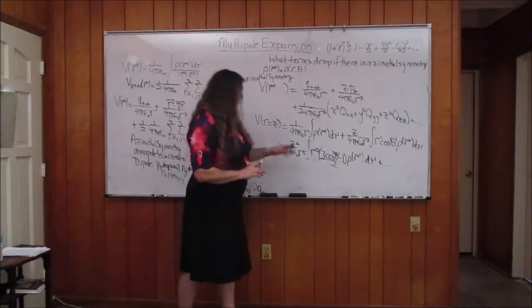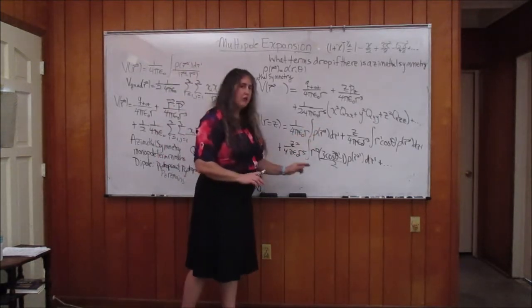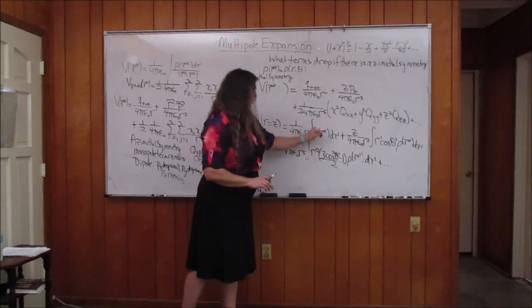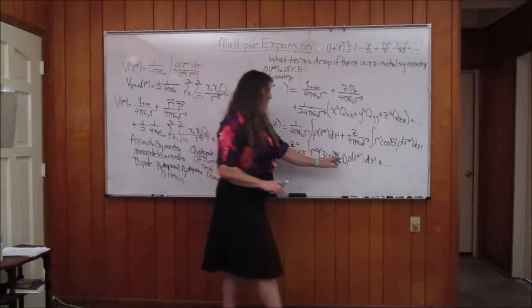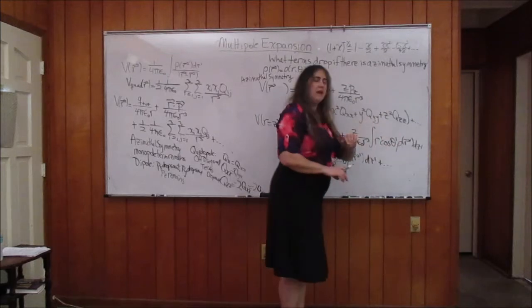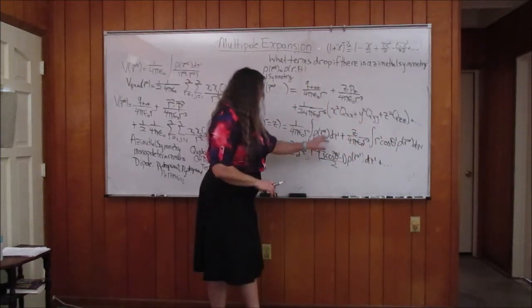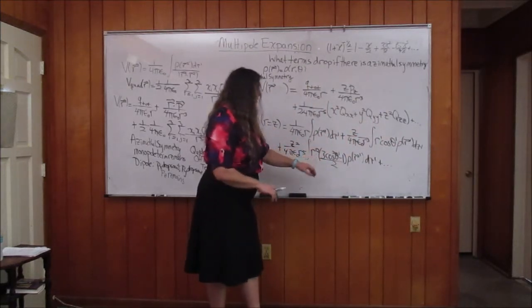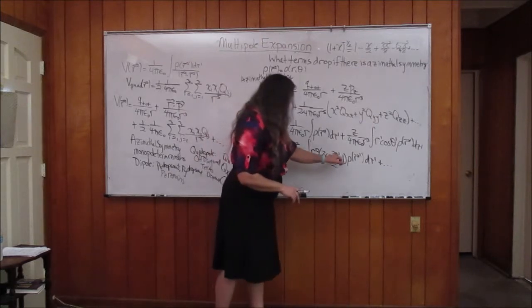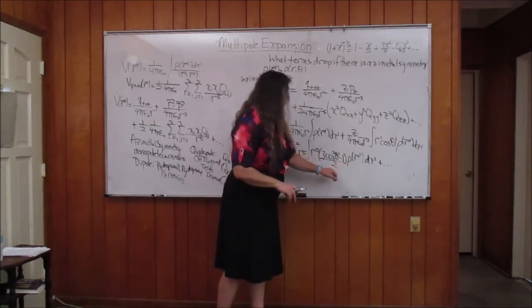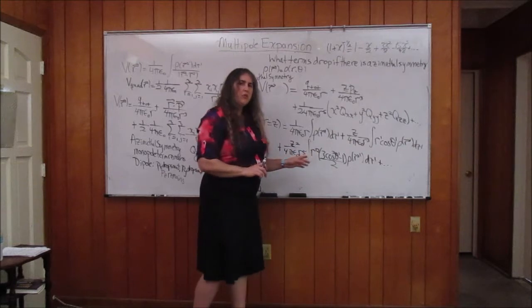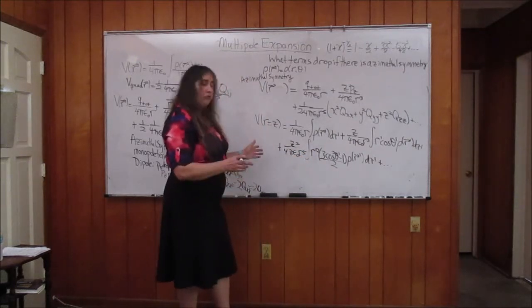So what's going on here? Notice that there's a pattern. If you look at the integrands, we've got 1 times the volume charge density. We've got r prime cosine theta prime times the volume charge density. And down here, we've got r prime squared times volume charge density times 3 cosine squared theta prime minus 1 over 2. What are all those cosine theta prime terms amounting to?